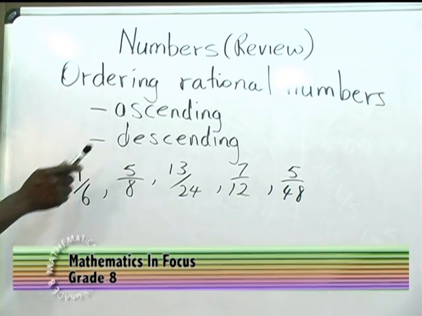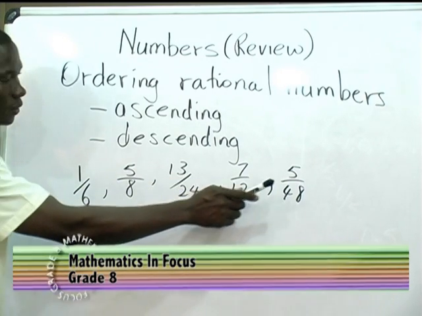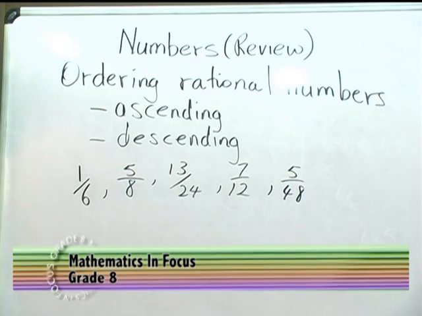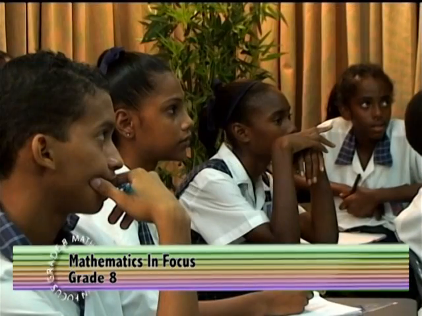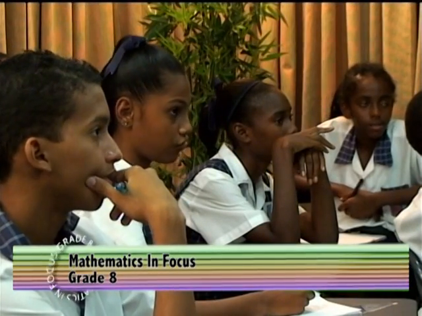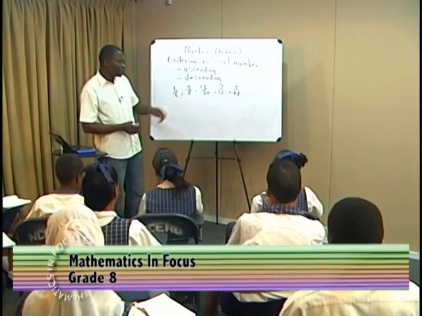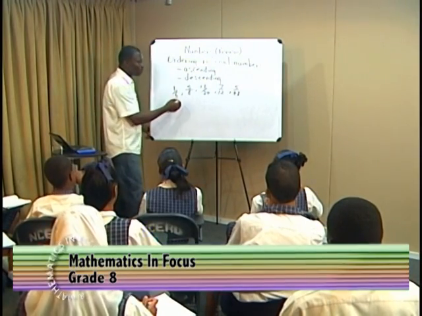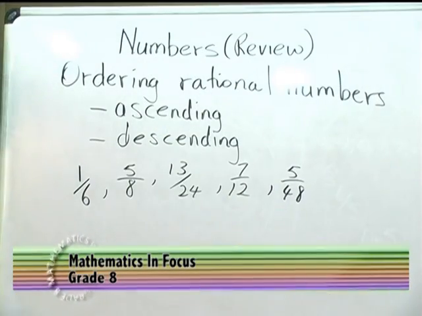We have 6, 8, 24, 12, 48. We're looking for the smallest number which all of them can divide into. Which is that number? 48. We all agree 48? Yes.